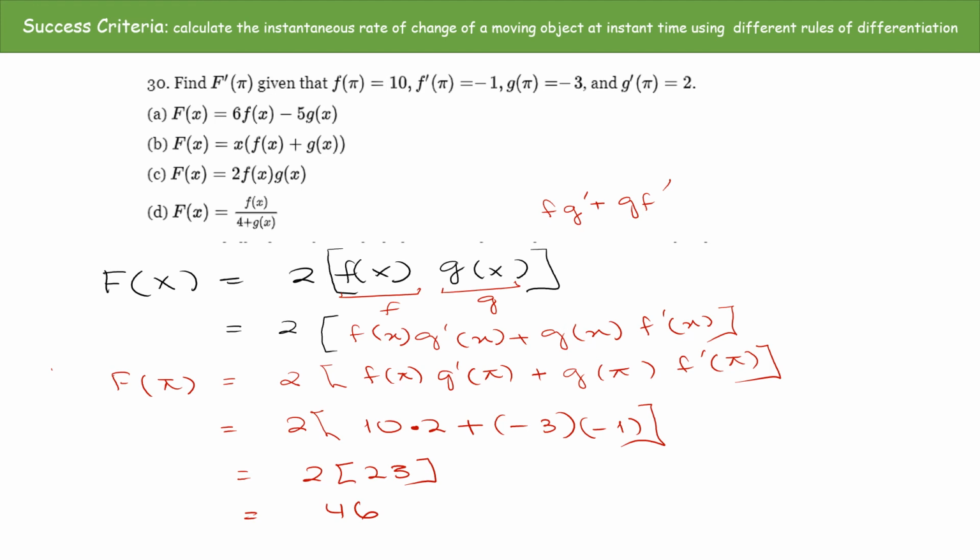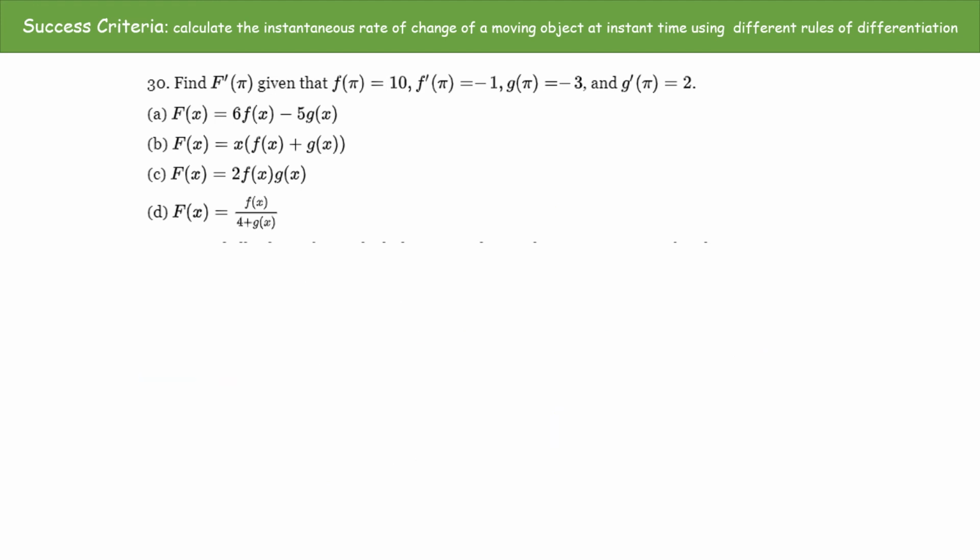Let's do the last part. In the D part, you can clearly see that we can apply the quotient rule. In the quotient rule, we write the function in the denominator, then take the derivative of the upper function in the numerator, minus fg prime, and the denominator stays in the denominator and is squared.